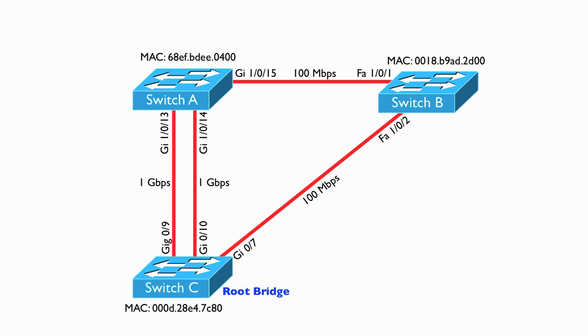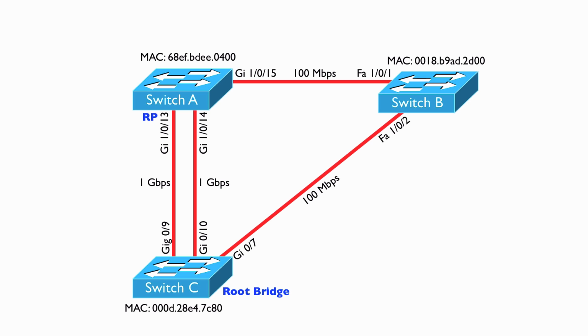So that would be 19 plus 19, a cost of 38 as compared to a cost of 4. So obviously, the root port on switch A is going to be either gigabit 1/0/13 or 14. Which one though? If it's a tie, it's going to be the lowest port number. So we're going to predict that gigabit 1/0/13 is going to be the root port on switch A.